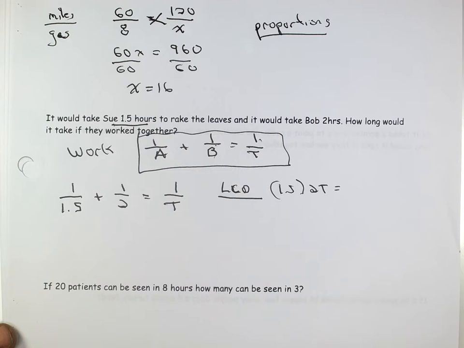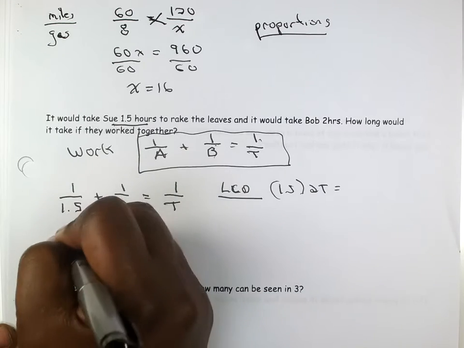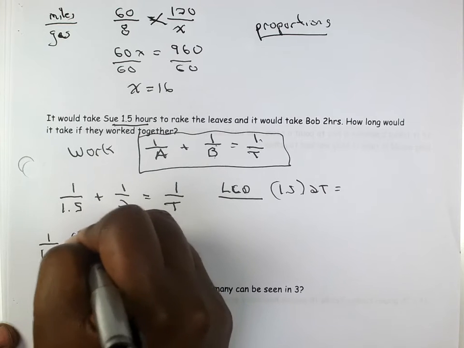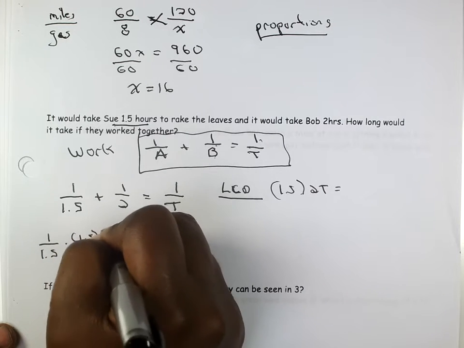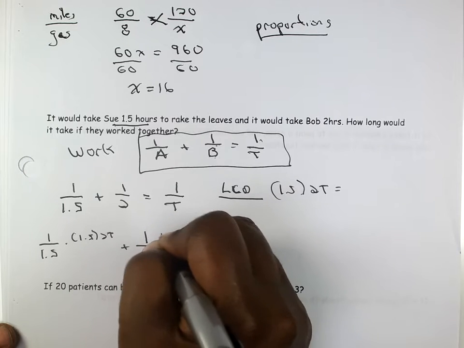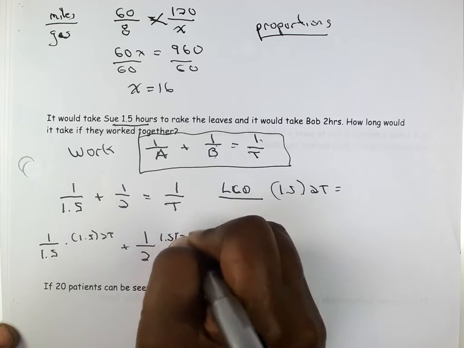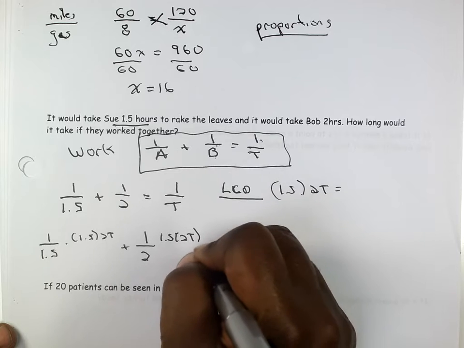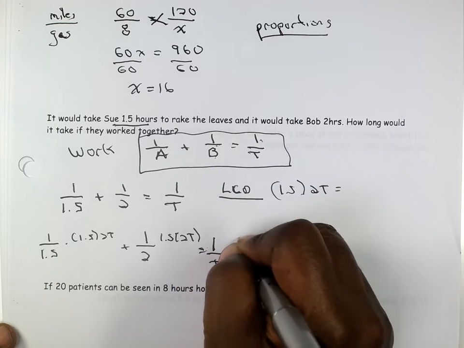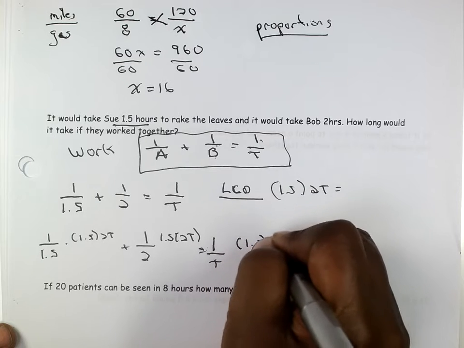Just multiply those denominators together. So I'm going to do 1 over 1.5 times 1.5 times 2T plus 1 over 2 times 1.5 times 2T equals 1 over T times 1.5 times 2T.